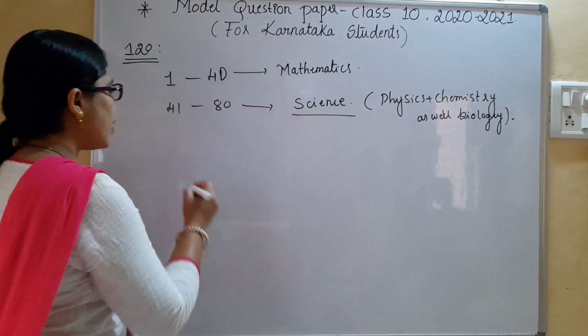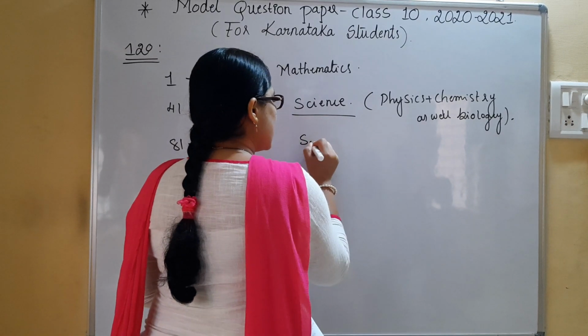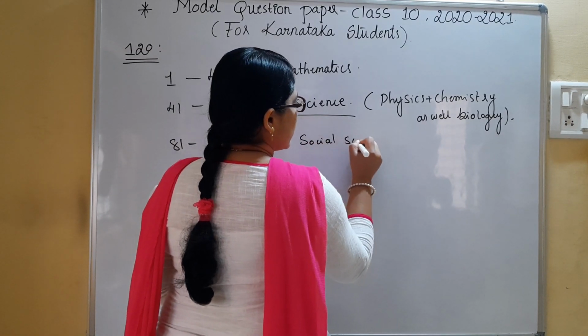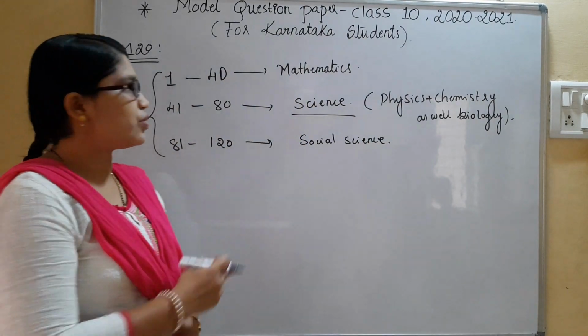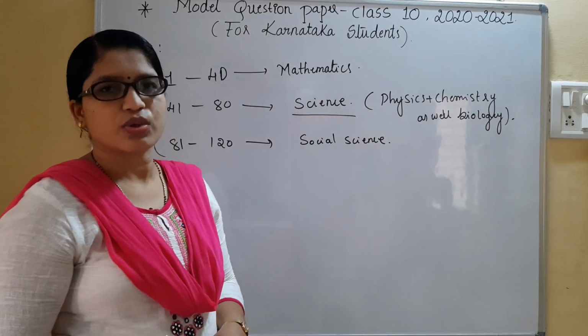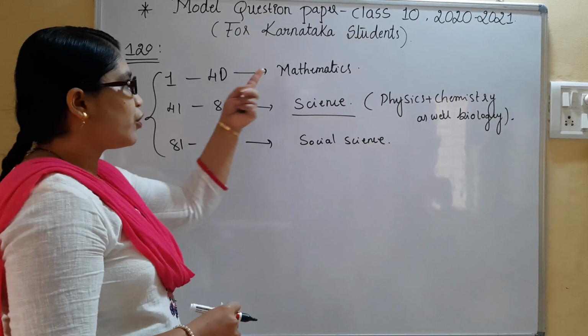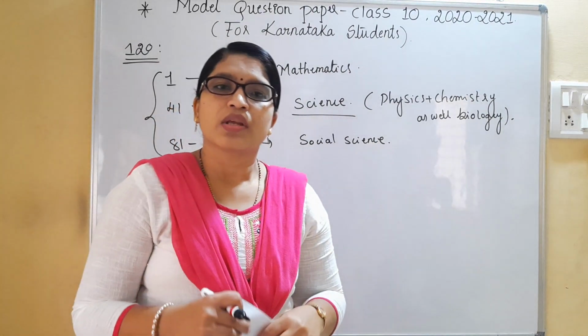And lastly we have from 81 to 120. These questions are going to cover social science. So these three parts have been categorized. That is, we are going to write the questions for mathematics, as well as for science, as well as for social science. So 1 to 40 for mathematics, 41 to 80 for science, and 81 to 120 questions for social science.